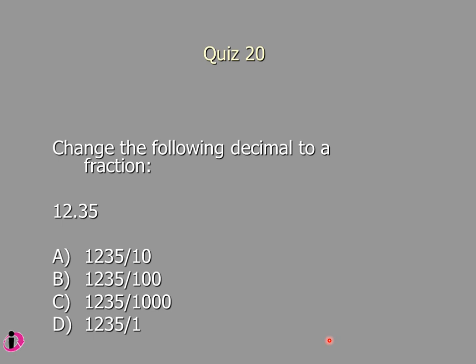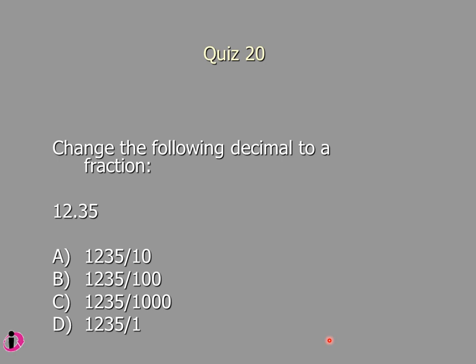Last question, 12.35. What is the right answer here? So 12 is a whole number, then 35 over 100, right? But you can do it in a lot of different manners.